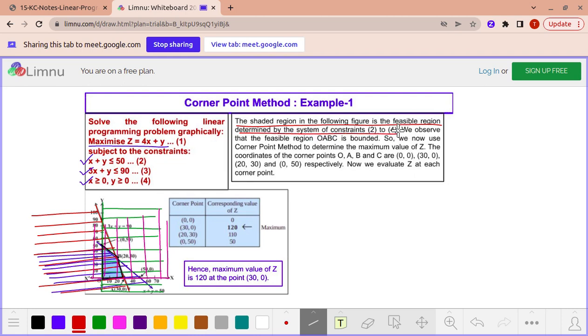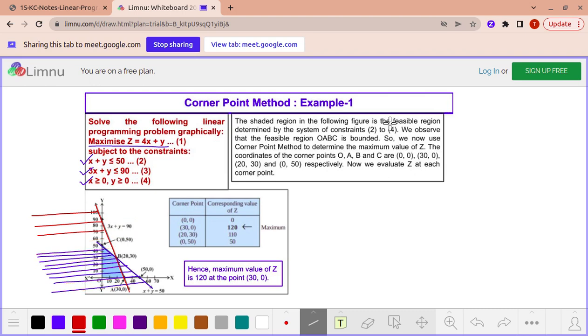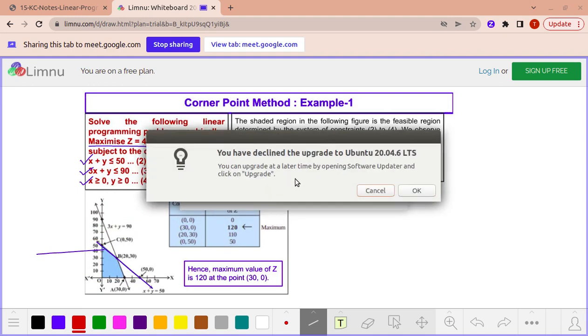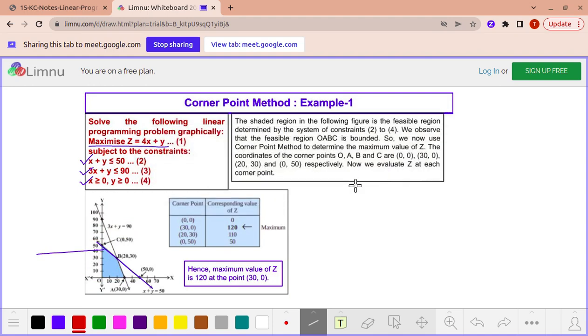Okay. So, let me undo all these straight lines so that you can look at the feasible region more properly. Now, let me go through this statement.